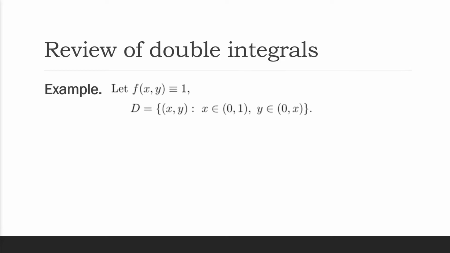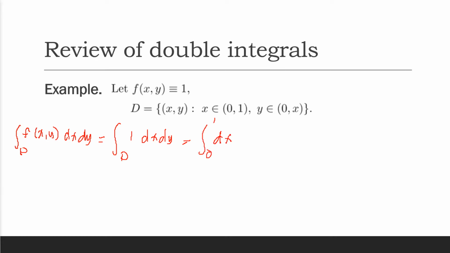So in this case, the integral of f of xy dx dy on D would be equal to the integral of 1 dx dy on D, which is equal to the integral of dx from 0 to 1 times the integral of dy from 0 to x, which is equal to the integral of x dx from 0 to 1, which is again equal to x squared over 2.